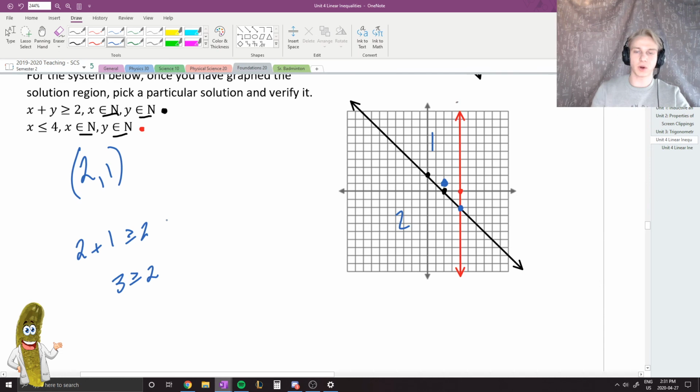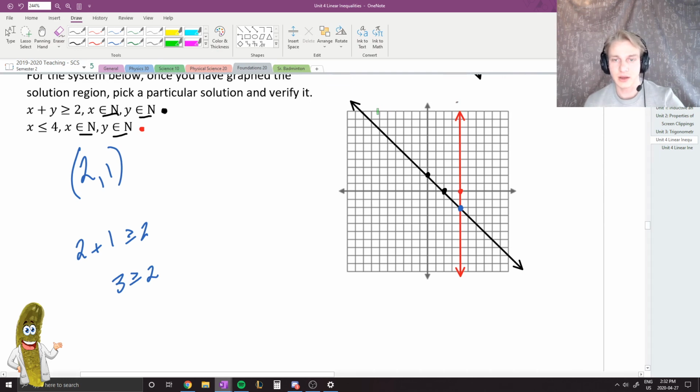So I know that it works for this graph. And I don't actually have to check the red graph. I know that it also works for the red line as well, because it's on the left-hand side of it where we said that x is going to be smaller than 4. So I've actually discovered what region it is. It's this upper region here in quadrant number 1 that I had drawn.